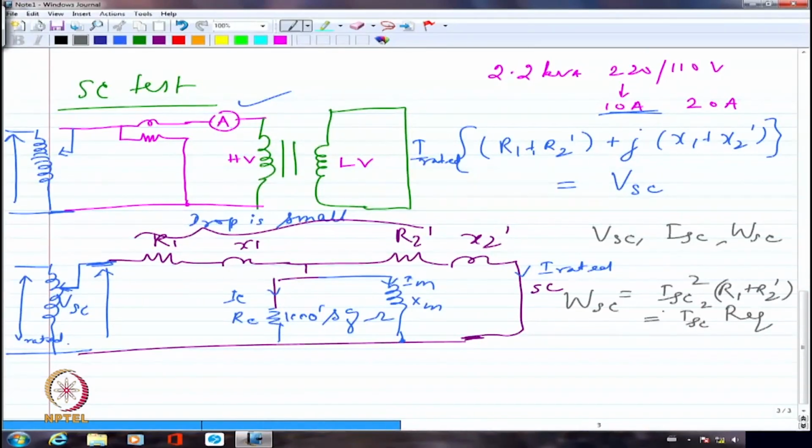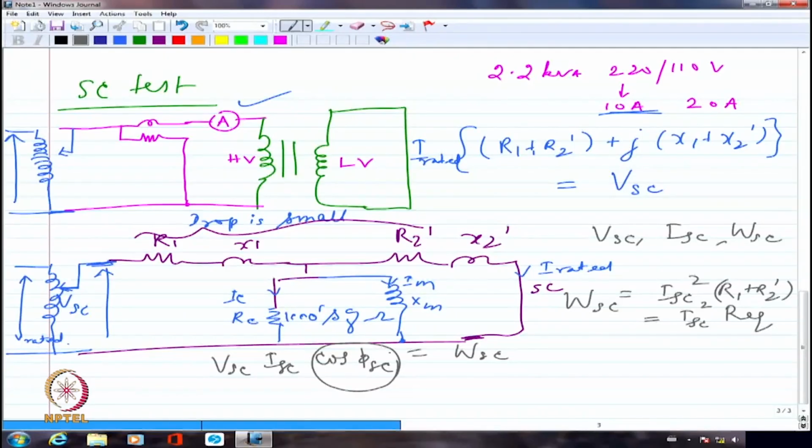Similarly, VSC, ISC, cos phi SC equal to WSC, from which I know cos phi SC. Once I have cos phi SC, I can directly get the impedance from VSC and ISC.